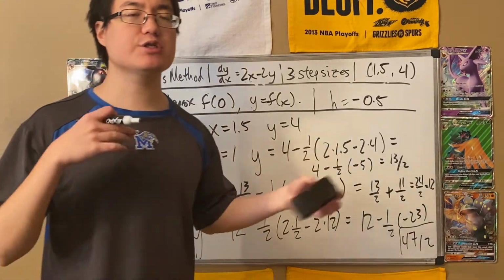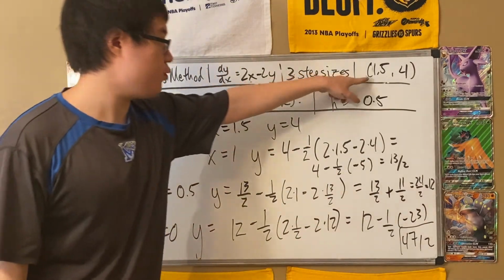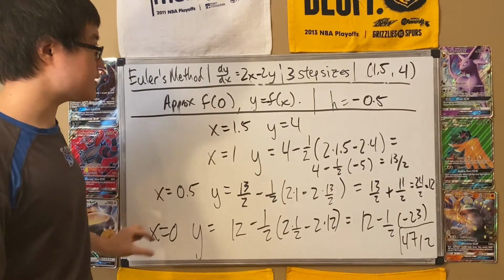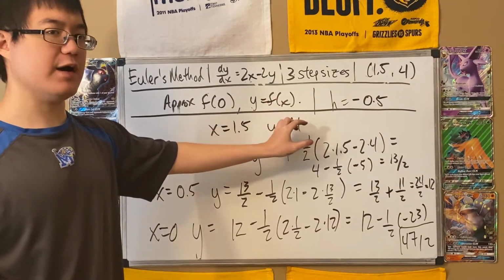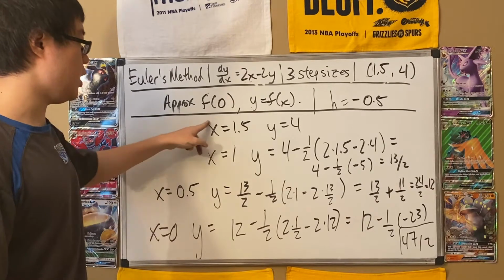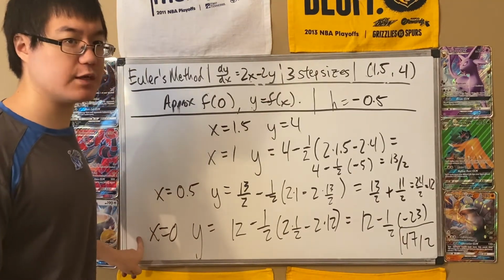Another thing to keep in mind is just try to do Euler's method the correct number of times. Start off at the number you're given, and then you move the step size until you hit the number you want. So that's why I like that I write at 1.5 and 4, not only because it's previous x and y, but I can just visibly see, oh, I need to do it one time to get to 1, one time to get to 0.5, one time to get to 0.